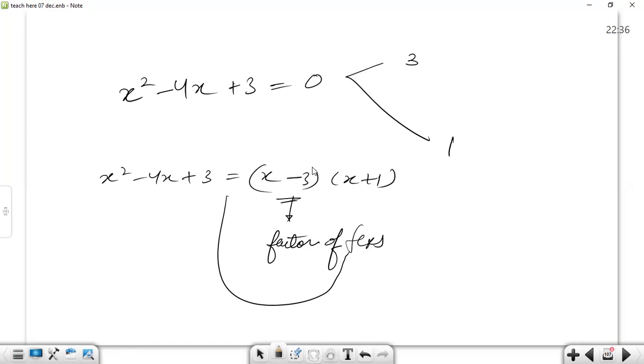Because if we divide, we get an exact value with no remainder left. Like 12 = 4 into 3, so 4 is a factor of 12. Similarly, x minus 3 is a factor of this. Clear?